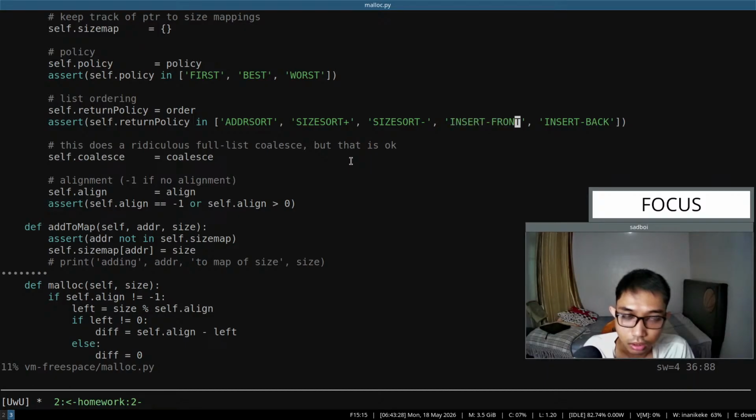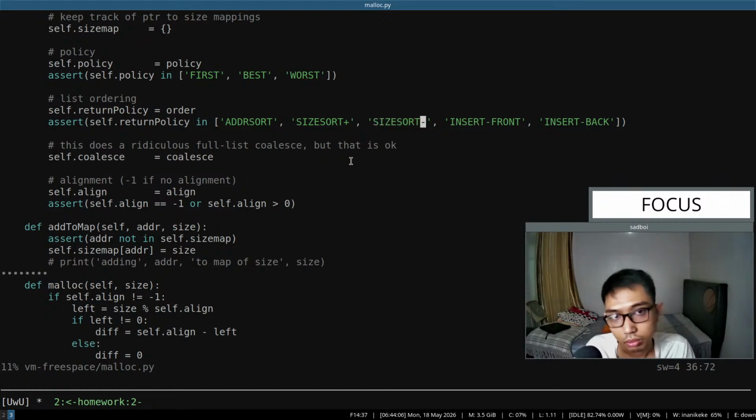So we can return the free memory at the front of the free list, or maybe at the back, or maybe we are sorting by size, descending or ascending.